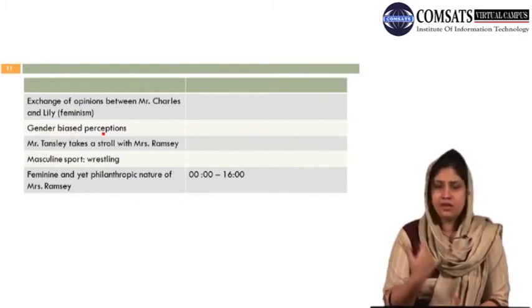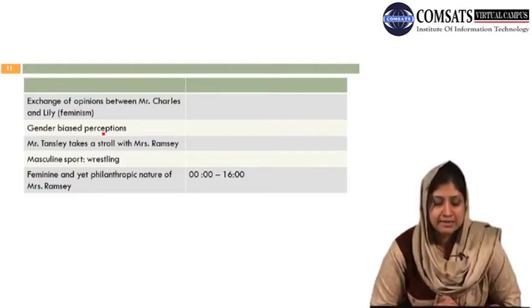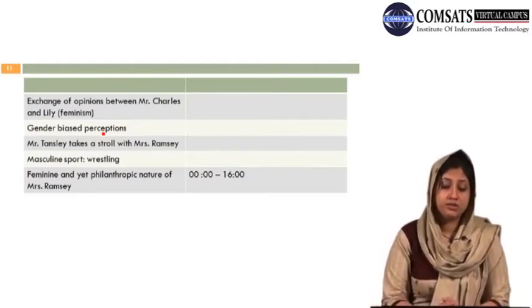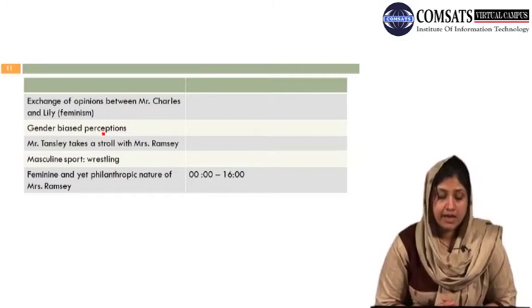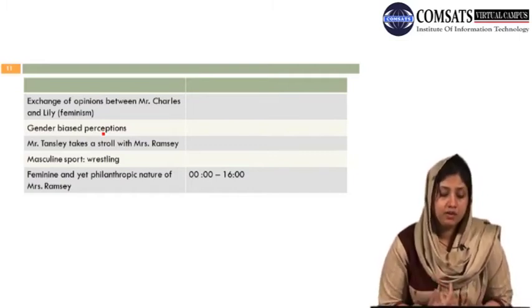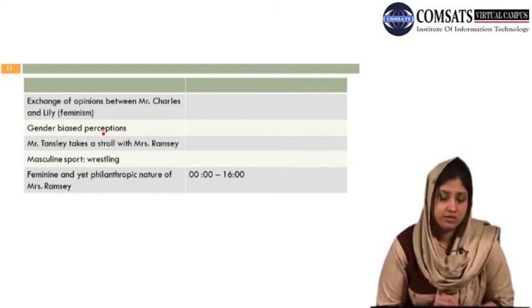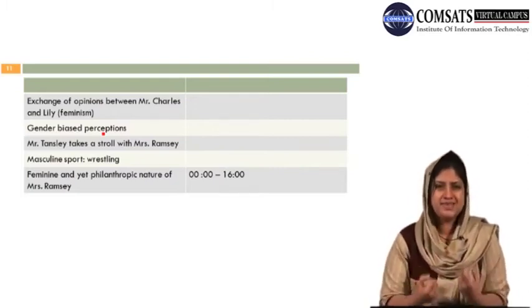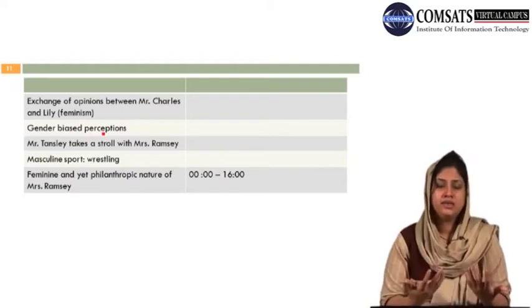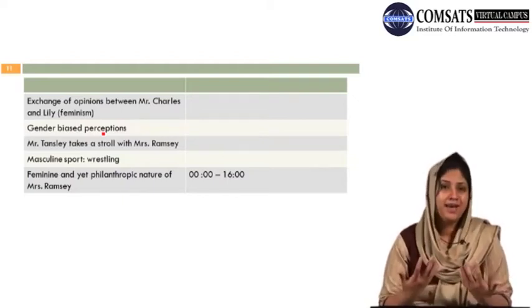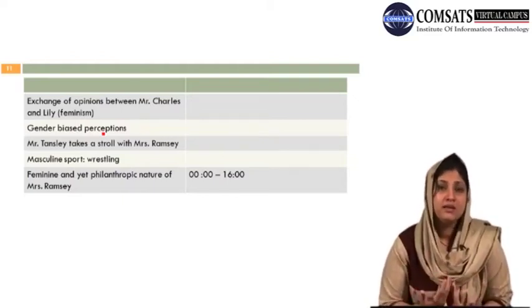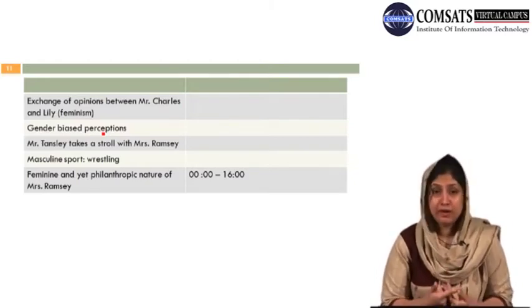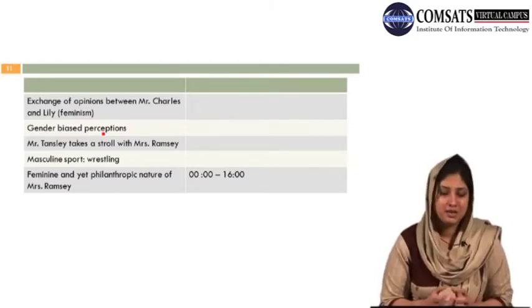We find that in the watch you must have found that Mr. Tansley takes a stroll with Mrs. Ramsay, and they talk, and then they go to watch the masculine sport, wrestling, and it shows Mr. Ramsay's character, the kind of things that he likes and enjoys, and the kinds of things that Mrs. Ramsay does despite the fact that she does not like it.